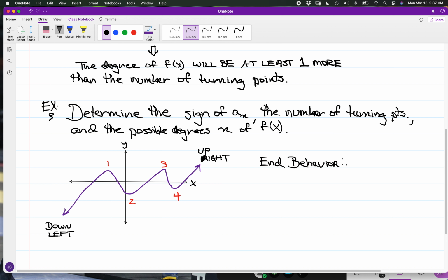So again, the end behavior is down to the left and up to the right.